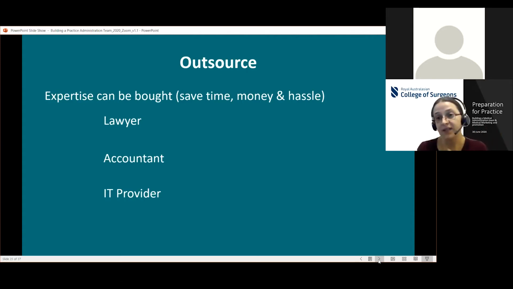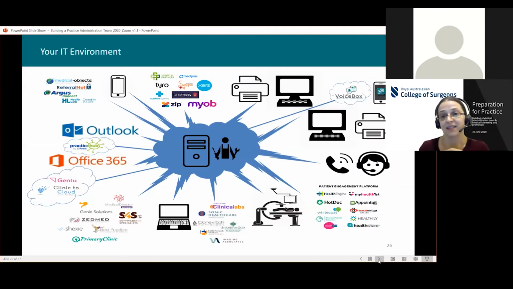There's a lot of cloud-based options and things that seem really easy, but IT is actually a very complex thing in your practice, and this just gives you a little bit of an idea about some of the things that you need to think about and choose with your IT that all connect together, and they include your medical software. They also include different forms of communication, patient engagement platforms, ways to get in your pathology, get your payments through, communicate with your doctors. And the key to all of that is having an IT provider.